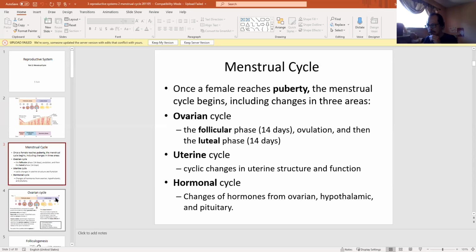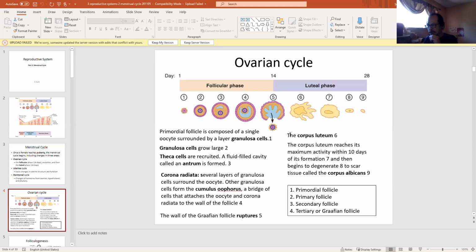All right, let's get started. Let's start by talking about the ovary. So the ovary cycle is a change of the follicles. Follicles start as primordial follicles. Remember, these primordial follicles are at rest after birth until puberty.